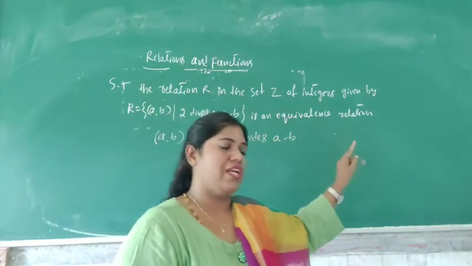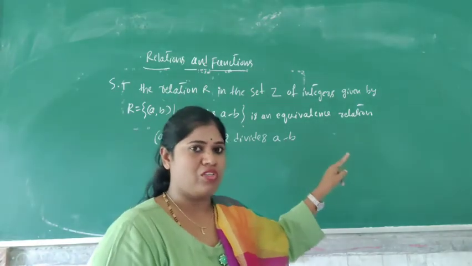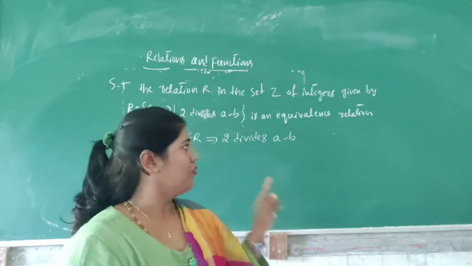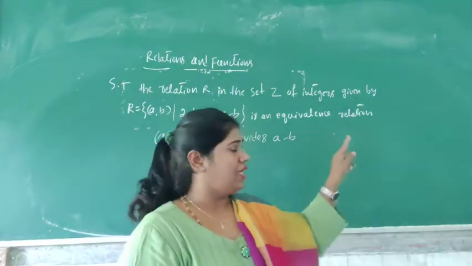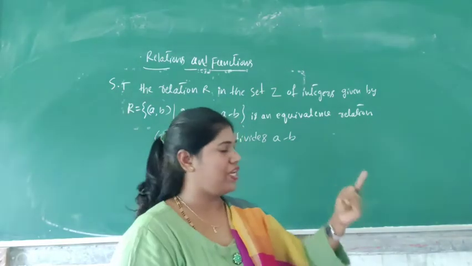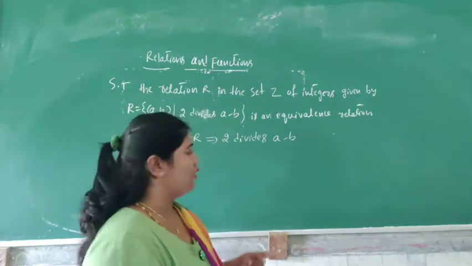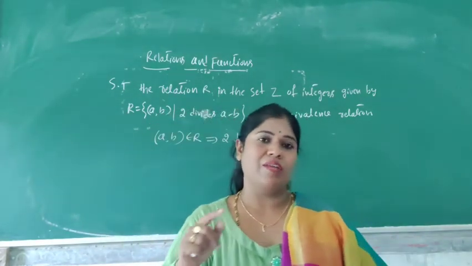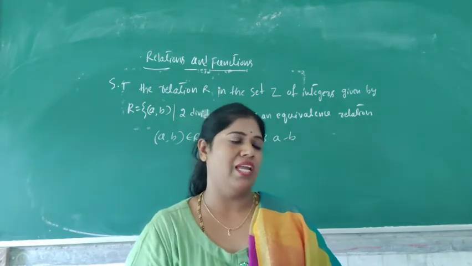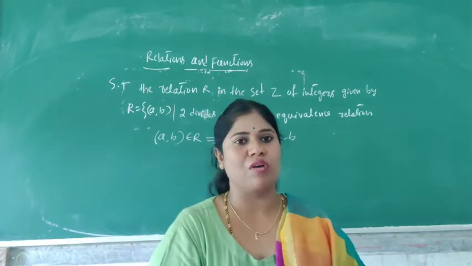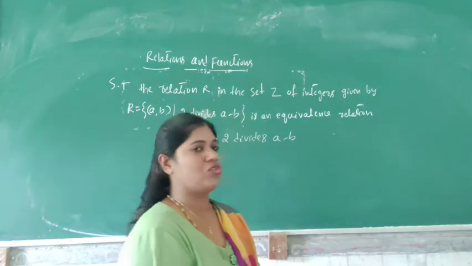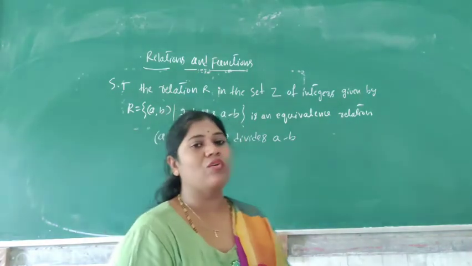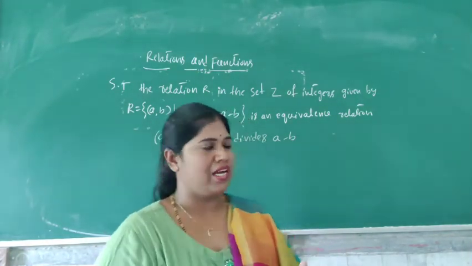Reflexive: for all a belongs to A implies (a, a) belongs to the set R. Symmetric: for all a, b belongs to A, (a, b) belongs to R implies (b, a) should also belong to R. Transitive: a, b, c belong to the set A, (a, b) belongs to R, (b, c) also belongs to R, implies (a, c) also belongs to the set R. Then only it is called an equivalence relation.